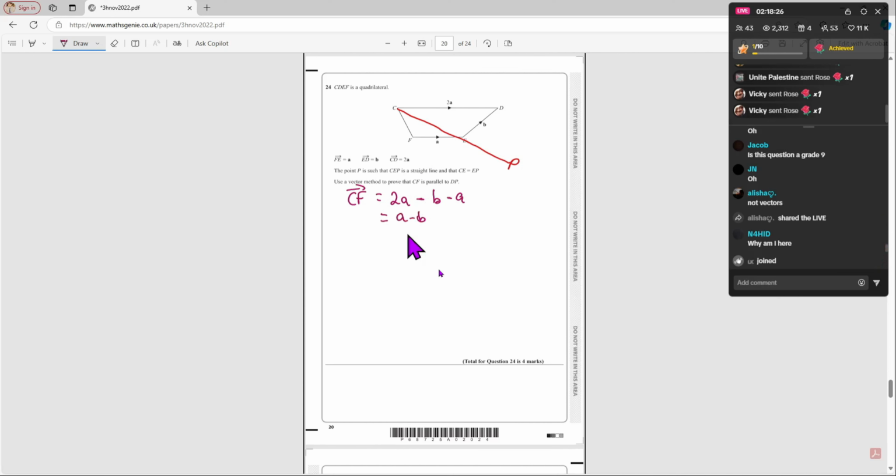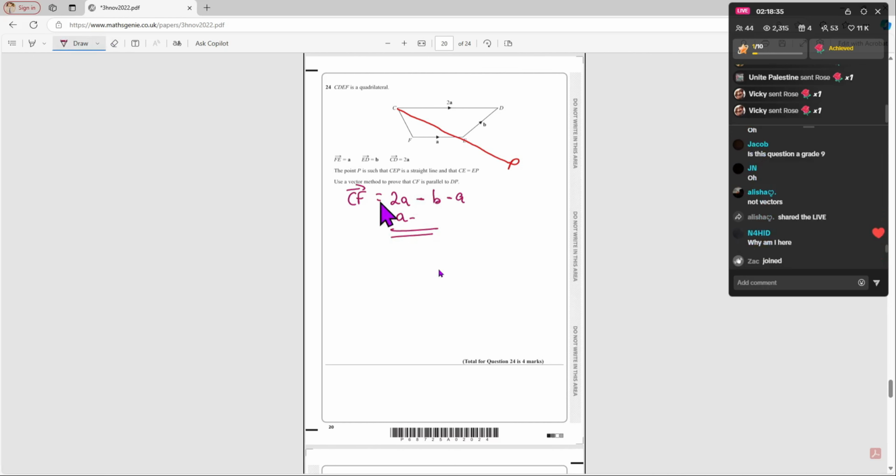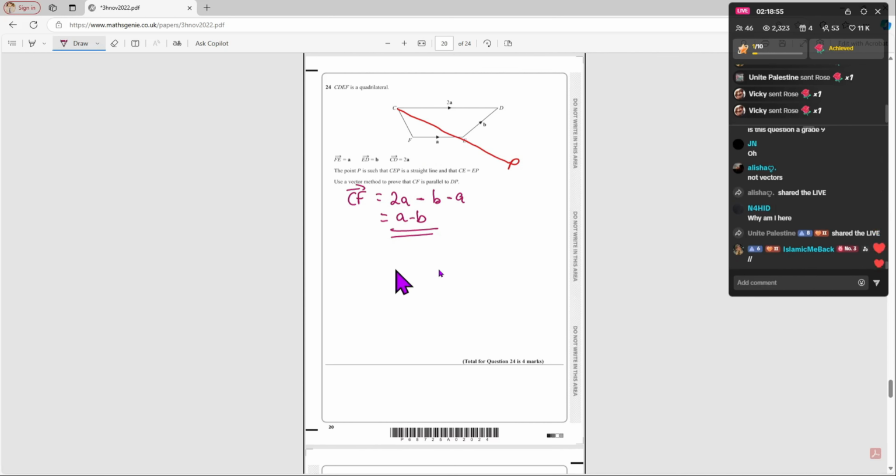It's going to be A minus B. And now, that is going to be your vector CF. Vectors can get a bit confusing when you have lots of vectors together, but you just need to know the vector rules.